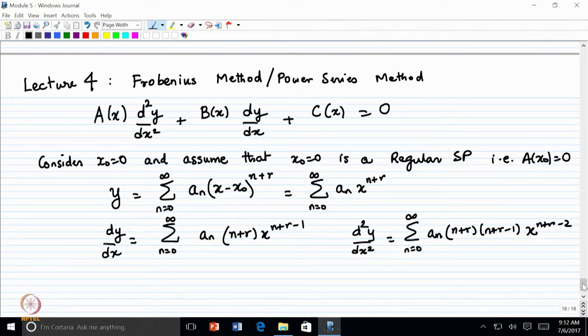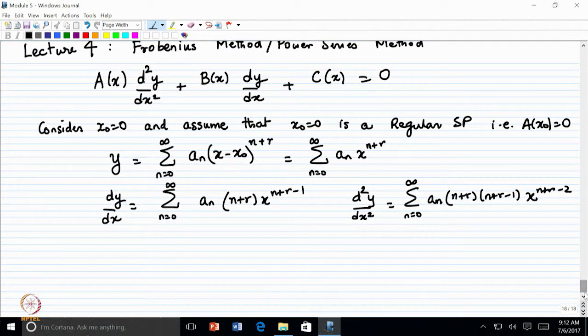Now if we put all these in the differential equation, what you will get is a of x times sum over n equal to 0 to infinity n plus r times n plus r minus 1 a n x raised to n plus r minus 2.